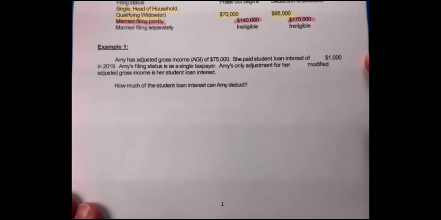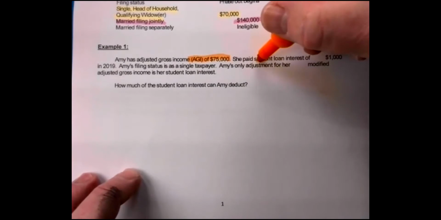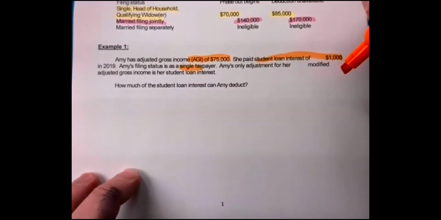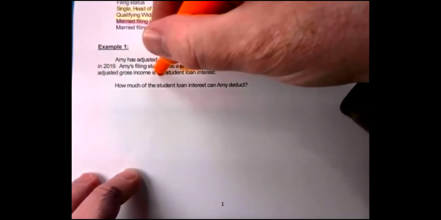I'm not sure what happened there. Okay, so Amy has adjusted gross income of $75,000. She pays student loan interest of $1,000. She's a single taxpayer, and her only adjustment for modified gross income is her student loan interest.